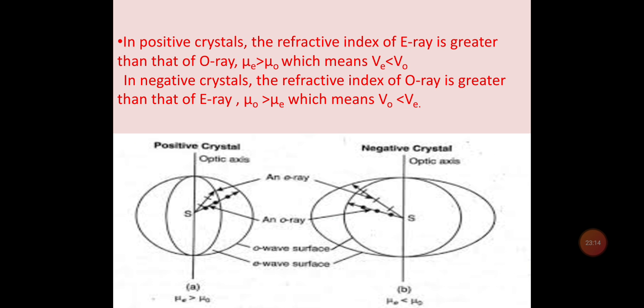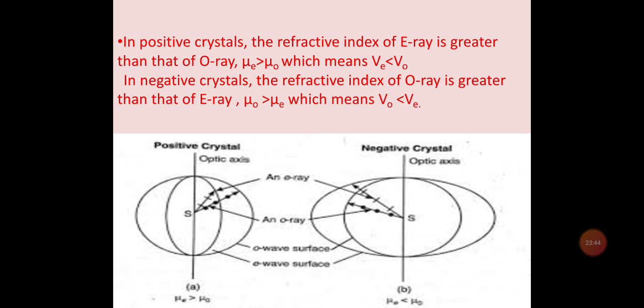You can see here in the figure that in the positive crystal, the refractive index of the E ray is greater than that of the O ray, meaning mu E is greater than mu O, which means VE is less than VO. Figure A is showing the positive crystal. In this you can see that the ellipsoid corresponding to the E ray is completely inside the sphere corresponding to the O ray.